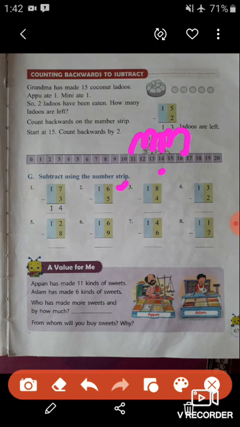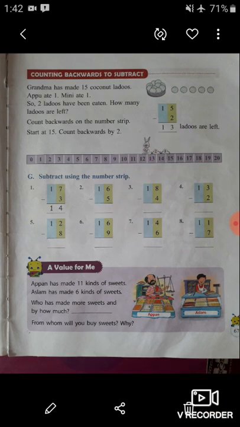Yes, 11. So here the answer will be 11. You have to fill it in here. Similarly, in the third, fourth, fifth, sixth, seventh and eighth questions, you have to follow the same steps.